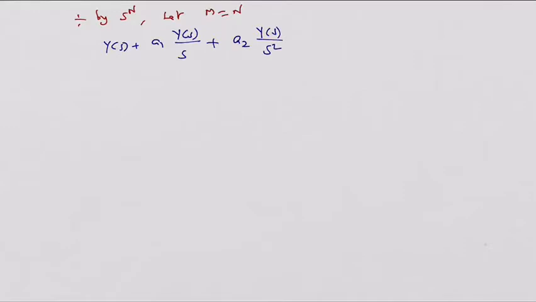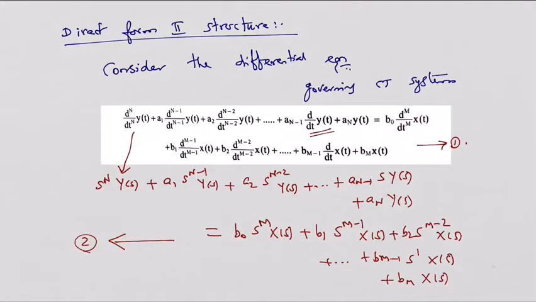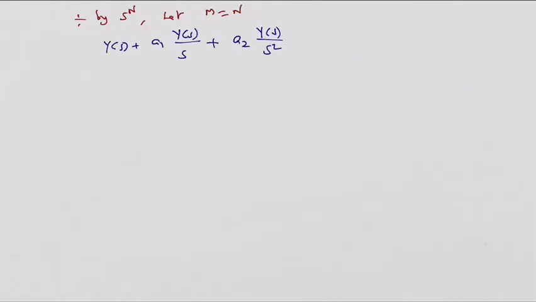You can verify with the previous equation. Take the second equation, divide by s power n on both sides throughout, assuming m is equal to n, and you can notice that s power n minus 1 divided by s power n will become simply 1 by s. Yes, that is what we have put.